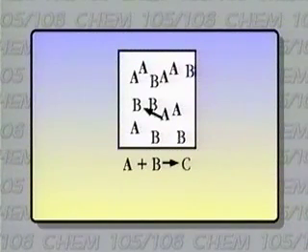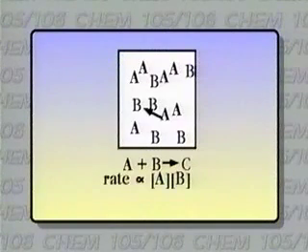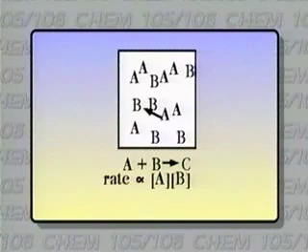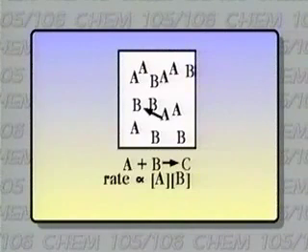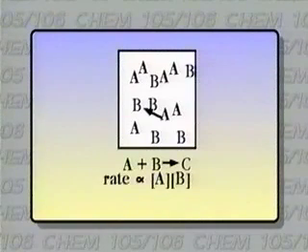But if an A runs into a B with sufficient energy, then it could produce C. And we would say that the rate of the reaction is dependent upon the concentration of A and the concentration of B. In other words, if we have more A and B particles in there at a constant temperature, the rate of the reaction is going to be faster.